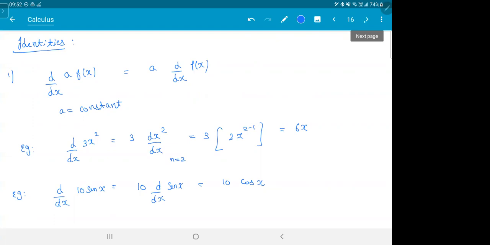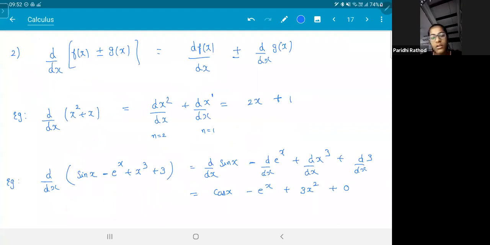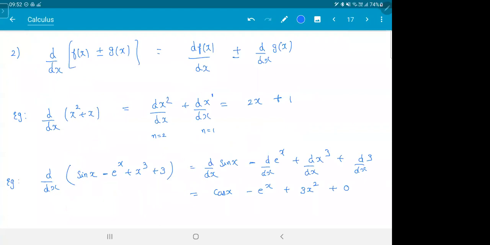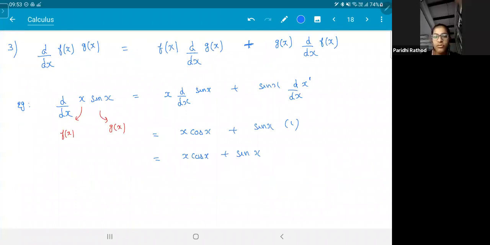This is the first identity. This is f of x plus or minus g of x. Got it? This is the third one, product rule. Sir, second one, can you show for me?